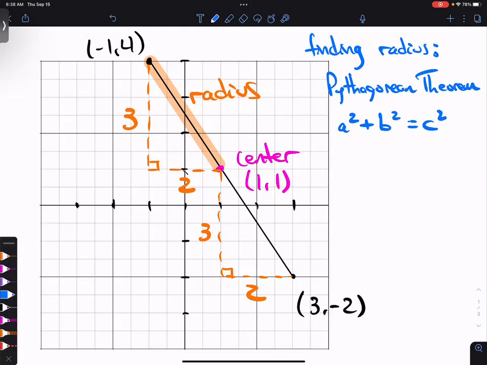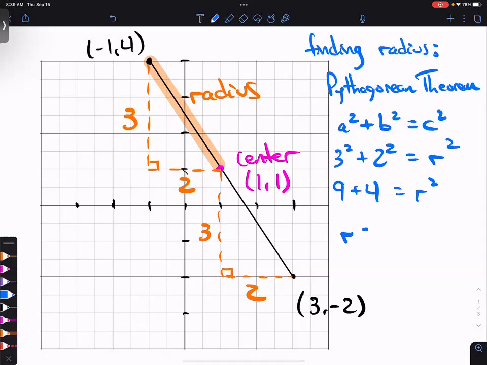So C here, that's the longest side, that's the hypotenuse, that's the radius that we're looking for, right? A and B are the 2 legs. So 3 squared plus 2 squared equals, again, that's our radius, so I'm going to label it as R. 9 plus 4 is R squared, so R is the square root of 13.